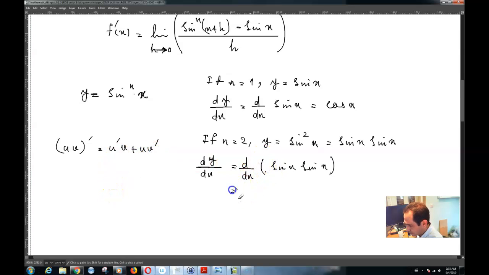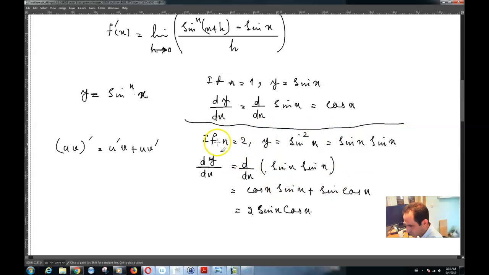So you can write this as u prime, which is cos x, times sine x, plus sine x times the derivative of the second function, cos x, which is equal to 2 times sine x cos x. So when n is equal to 2, the derivative of sine squared x is equal to 2 times sine x cos x.